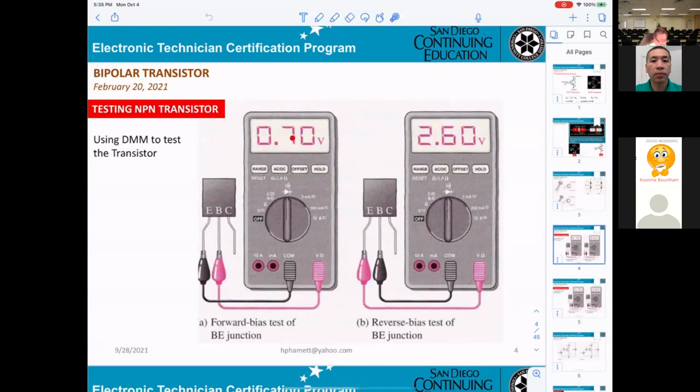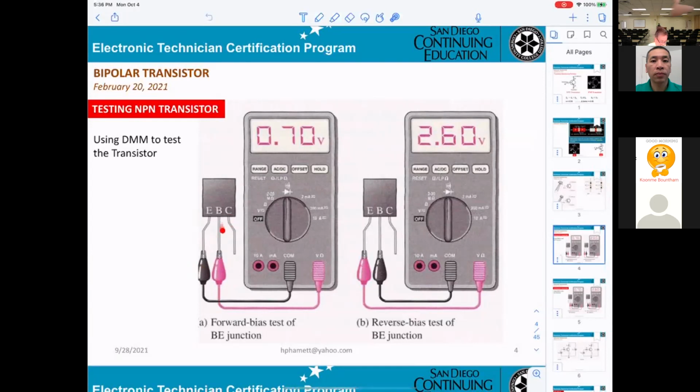For example, you read 2K ohm, and now you reverse the connection and read 100K. That tells you the diode is working.